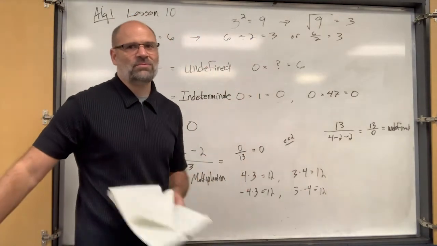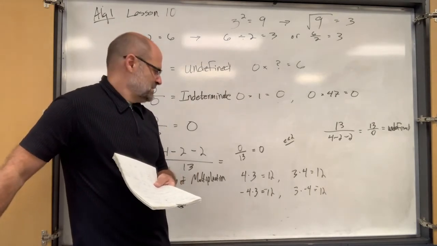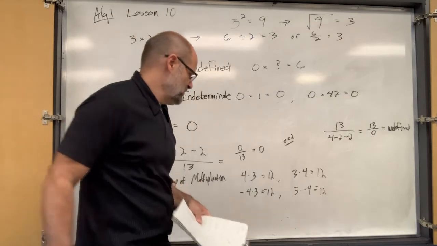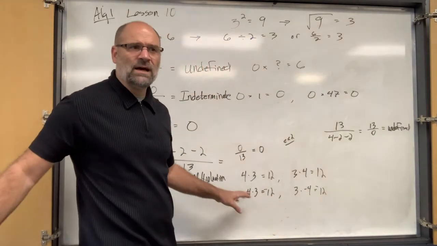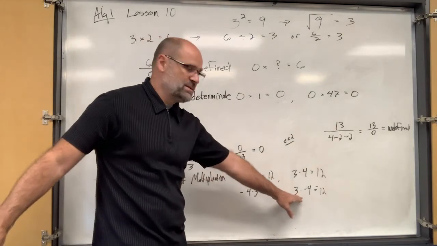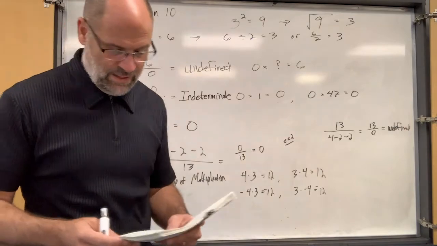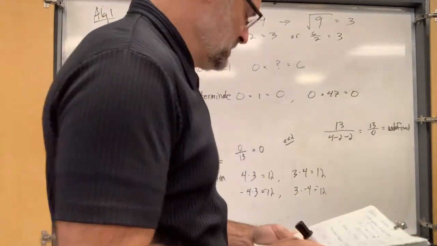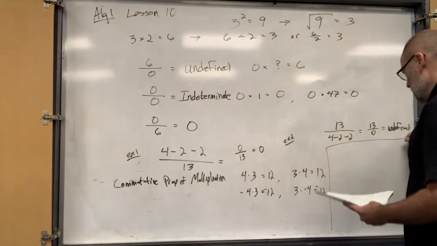What about -4 and -3 times each other equals +12? Yeah. So the same rules apply. Unlike signs, negative, these are still unlike signs. It doesn't matter what order they're in. It's negative. Okay? So you can really change the order however you want.